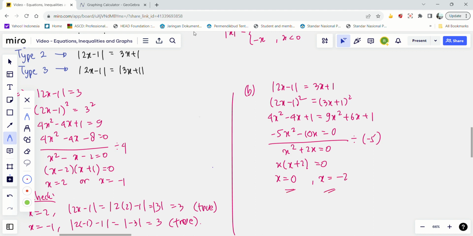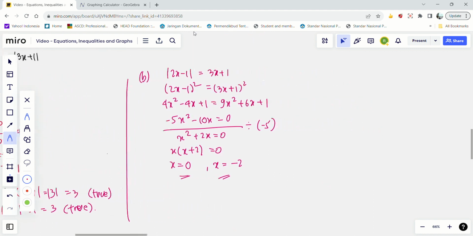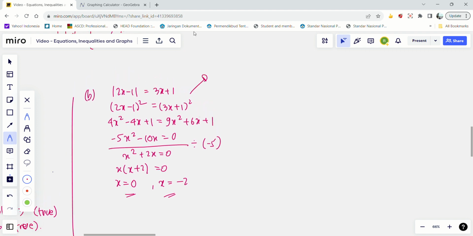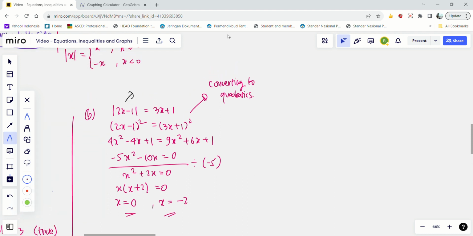Now the question is, do we need to check? Again, as I mentioned in the previous video, be really careful whenever you square, because it's like you're converting to quadratics. For the case of a plain modulus, it's fine, because in terms of the graph it looks like this, like a modulus. But for this one, whenever you sketch the graph, the actual graph looks like this.